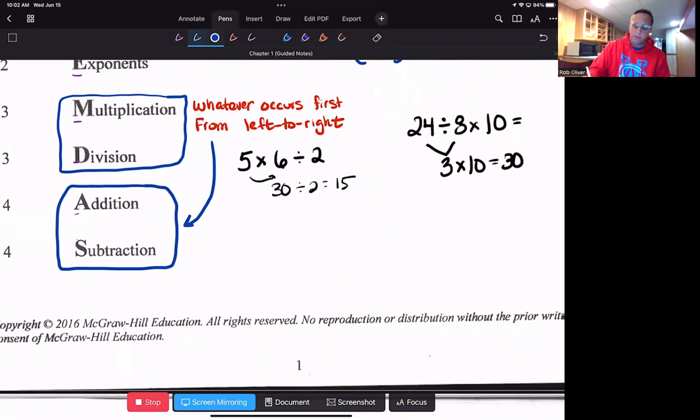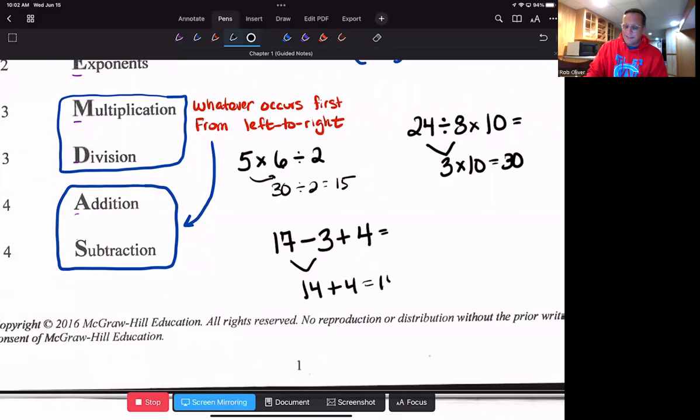So if you have a problem like this, like 17 minus 3 plus 4, if you do 3 plus 4 first and get 7, and do 17 minus 7, that's not going to be the answer. It's going to be 10. That's not the right answer. So we have to go left to right. 17 minus 3 is 14. And then 14 plus 4 is 18.